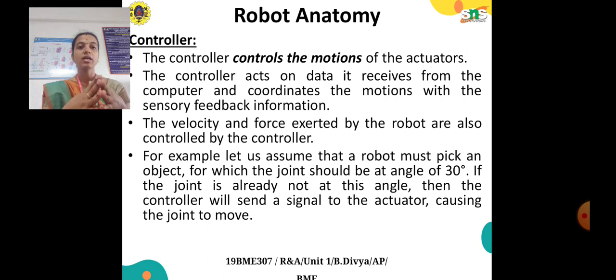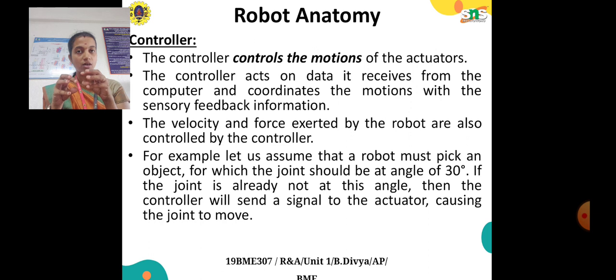For example, let us assume that the robot must pick an object, for which the joint should be at an angle of 30 degrees.